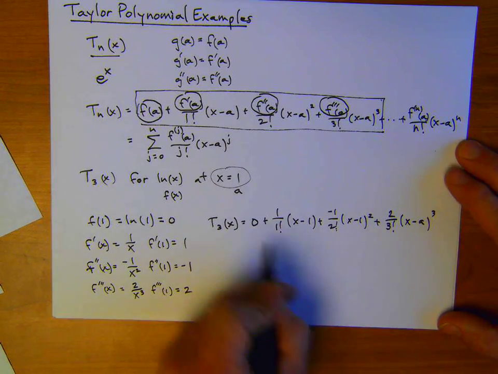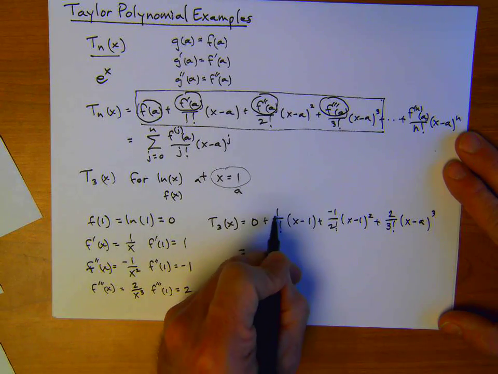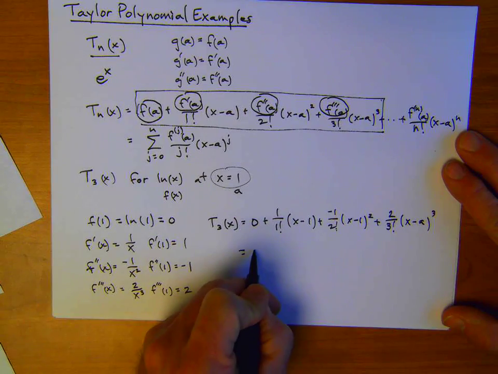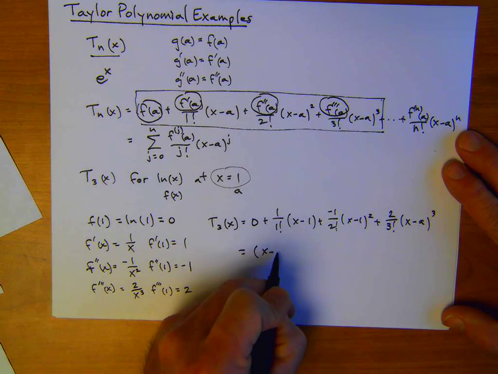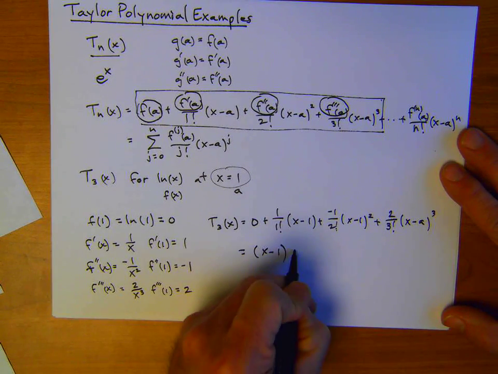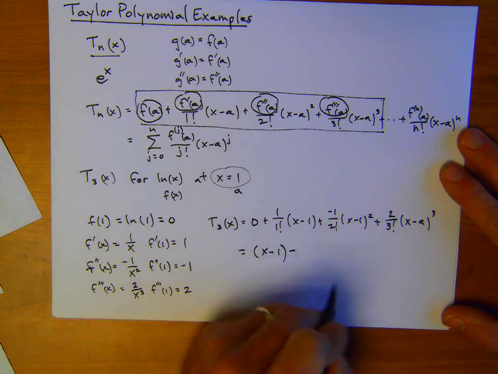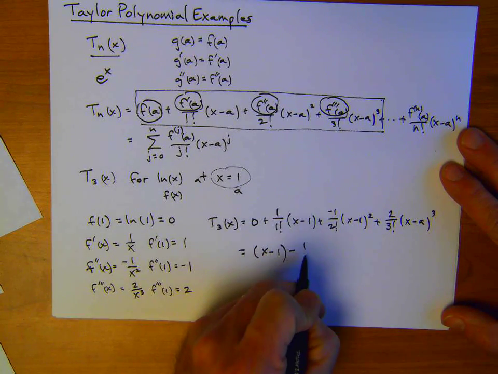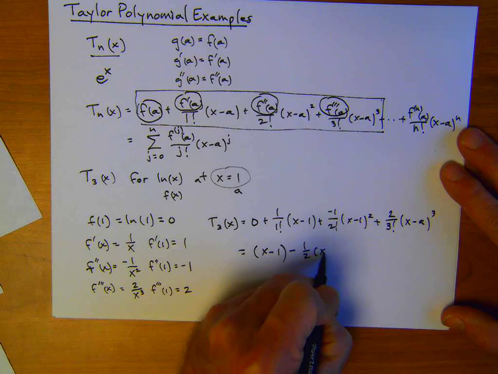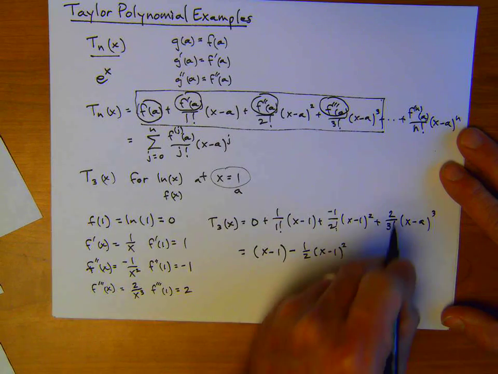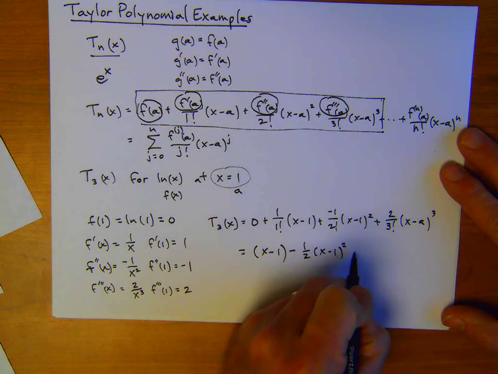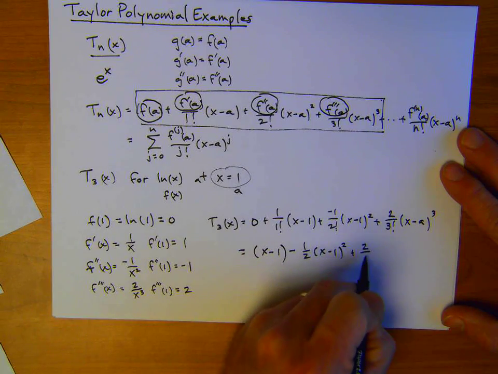We can simplify this a bit. We don't need the 0. 1 divided by 1 factorial is 1, so we don't need that out front at all. We'll just rewrite that as x minus 1. And this is going to be minus rather than plus and negative. I'm just saying minus. 2 factorial is 2, so that's just 1/2 times x minus 1 squared. And then this can be simplified. 3 factorial is 6, so 2 over 6.